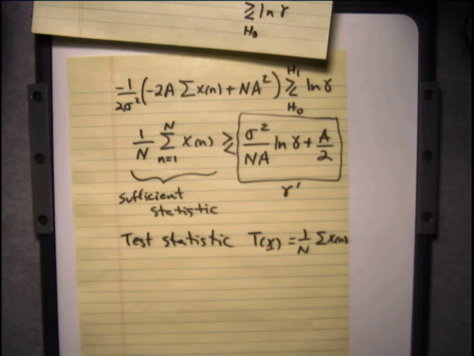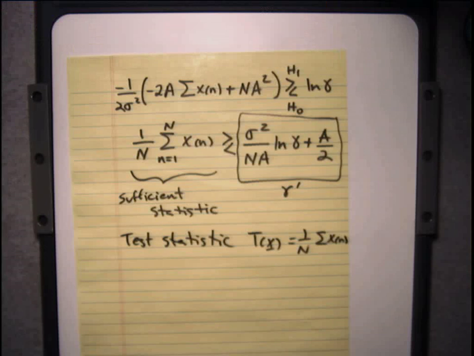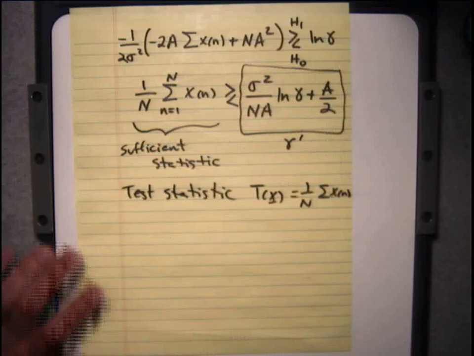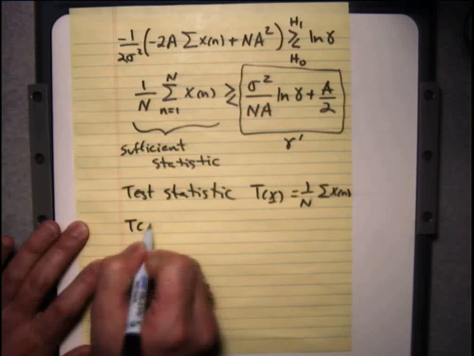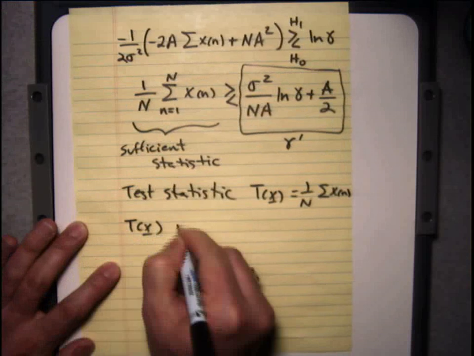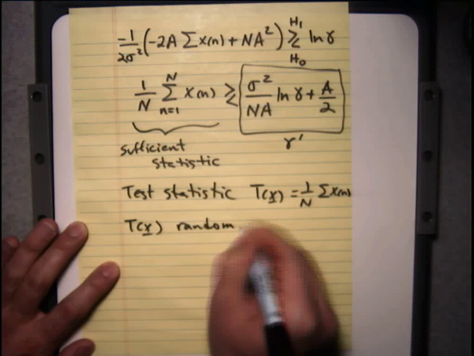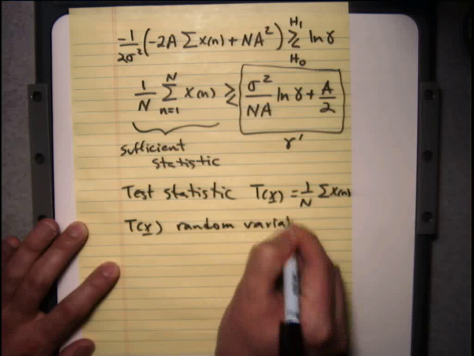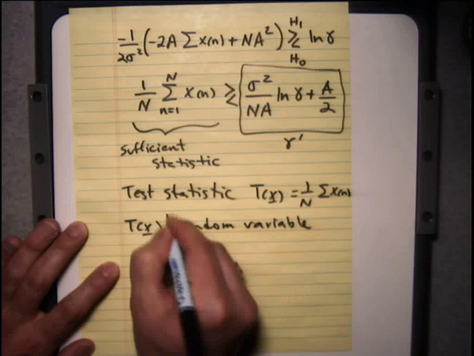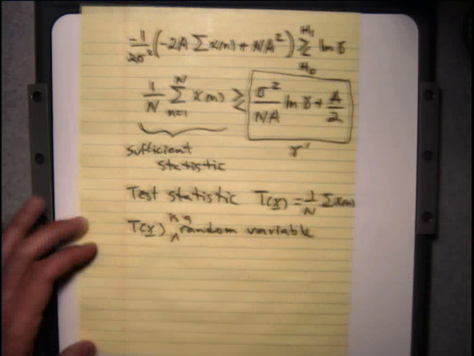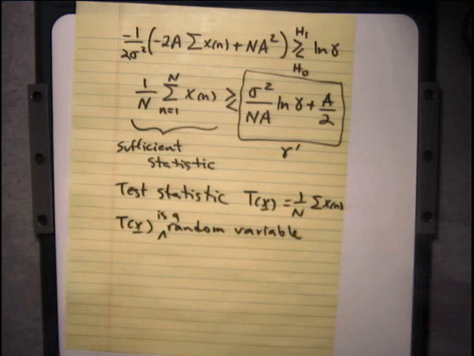All right, now let's take a look at what this T of x is. T of x is, of course, a random variable. It's the average of a bunch of random variables, so it must be a random variable as well. And I'm going to make decisions based on how big T of x is.